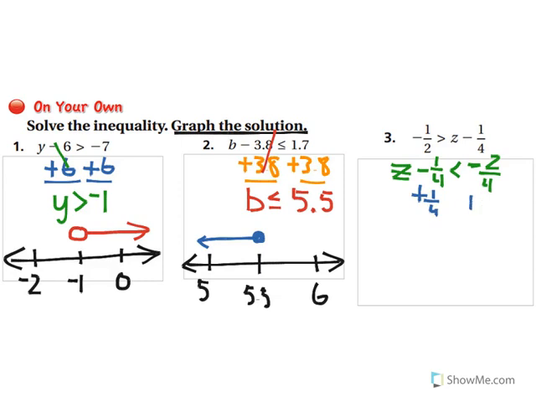I'm going to do that to both sides, because whatever I do to one side, I must do to the other. And once I've done that, I can go ahead and cross out my fourths, leaving me with a z. And I can bring down my less than sign. And negative 2/4 plus positive 1/4 gets me negative 1/4 as my answer.